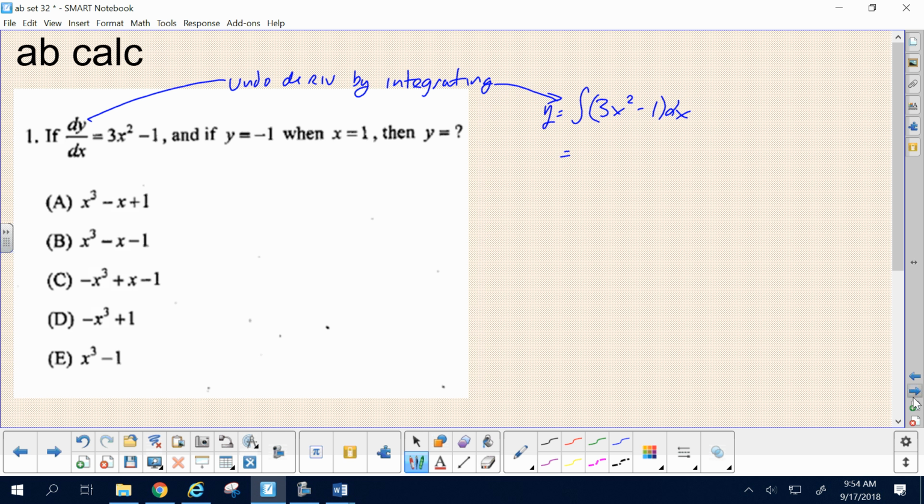You're given a derivative, so you anti-differentiate. Derivative is the noun, differentiate is the verb of taking a derivative.